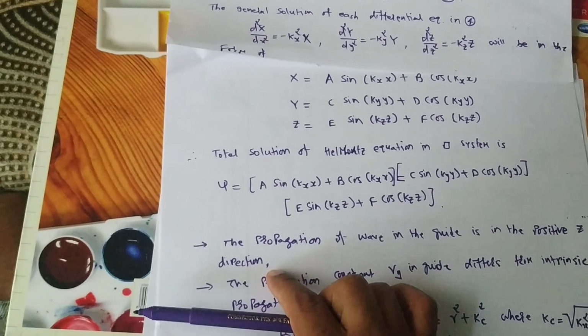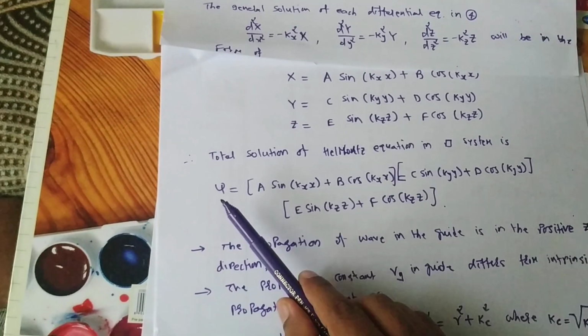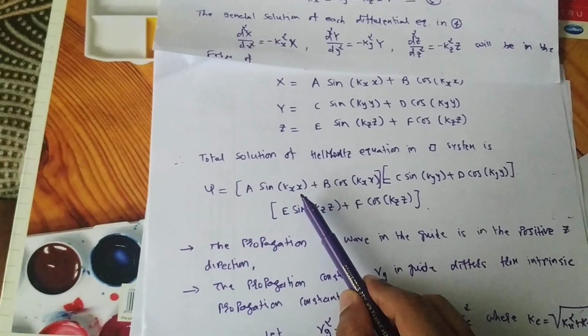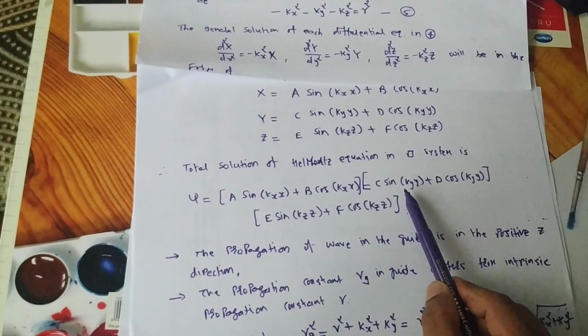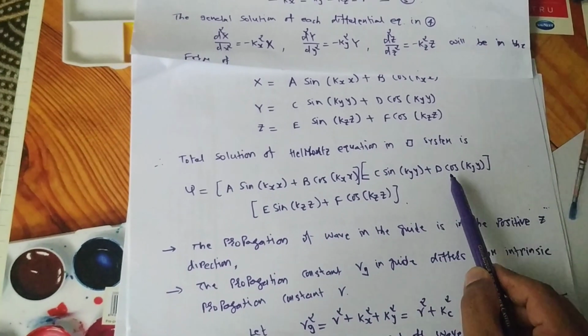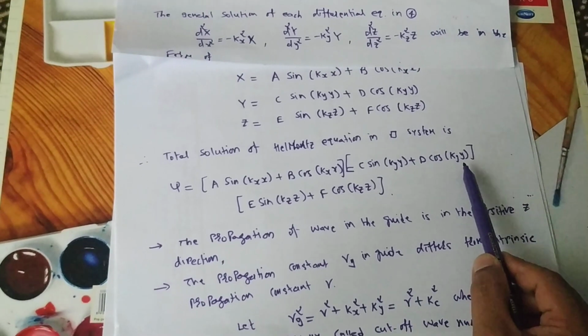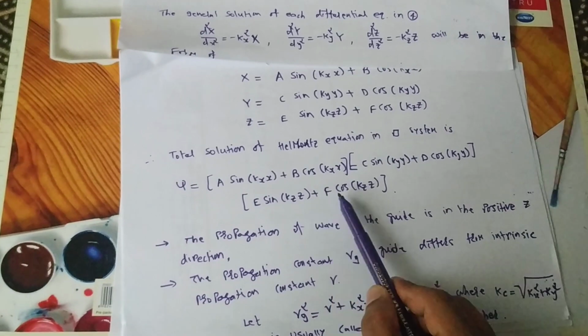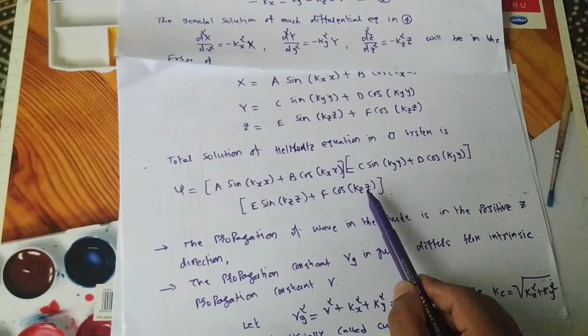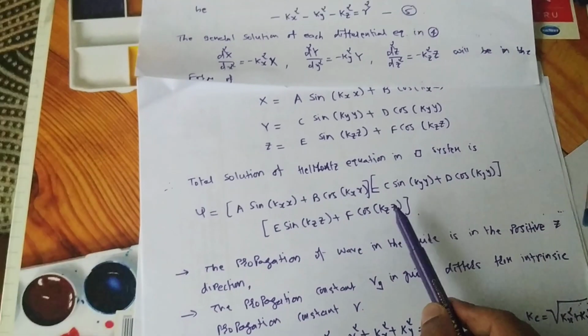So ultimately sigma is (A sin(kx x) plus B cos(kx x)) times (C sin(ky y) plus D cos(ky y)) multiplied by (E sin(kz z) plus F cos(kz z)).